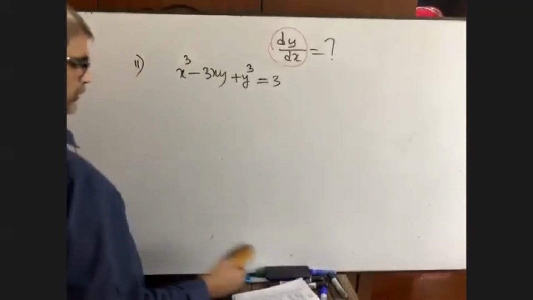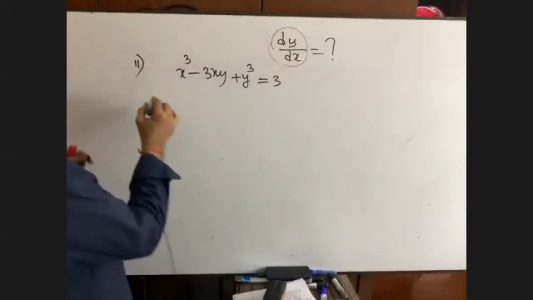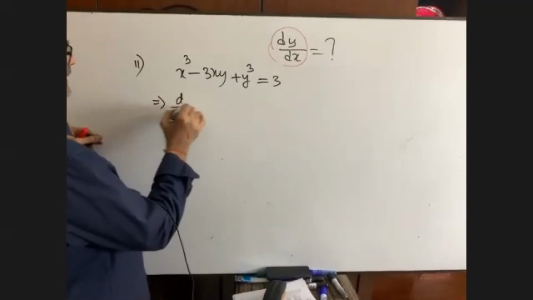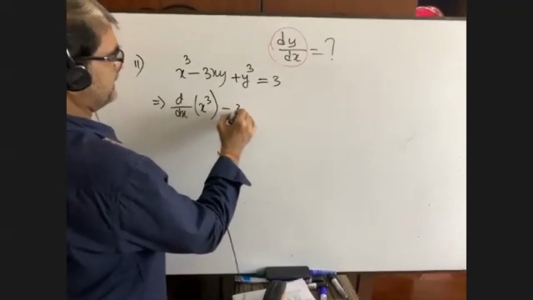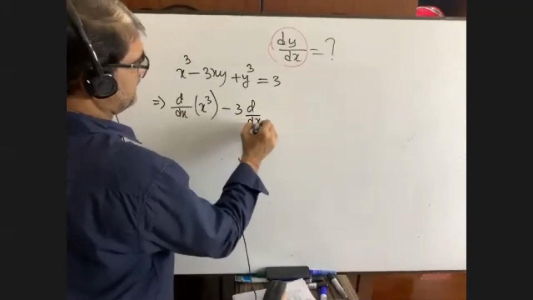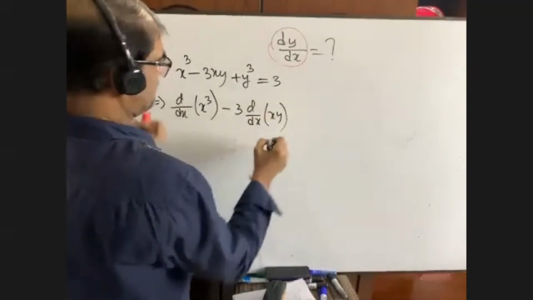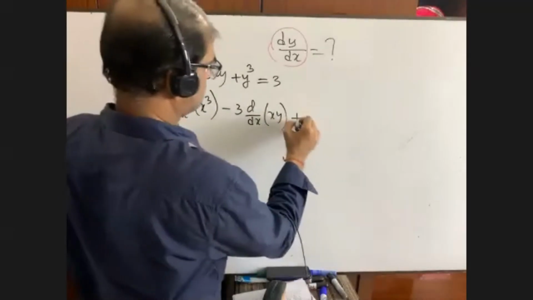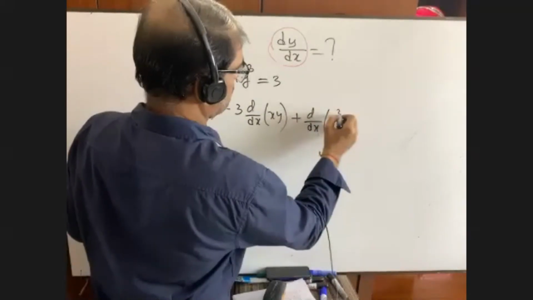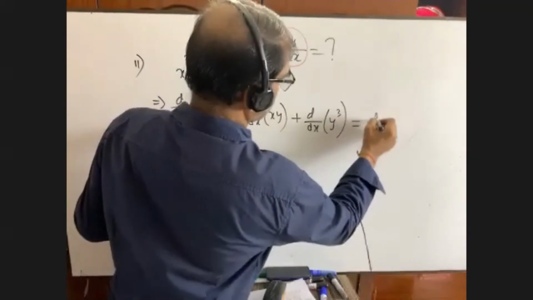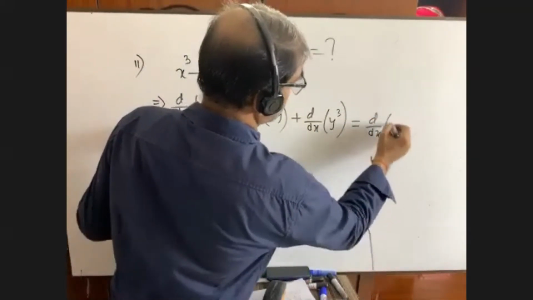I am going to show it again. You see, d by dx x cube minus 3 d by dx xy plus d by dx y cube equals d by dx 3.